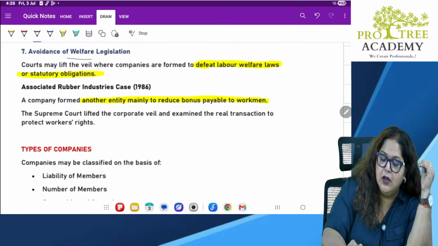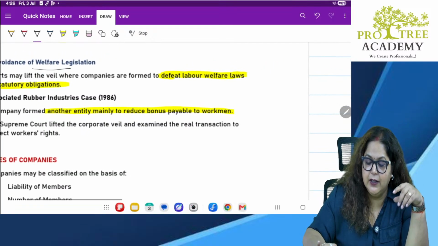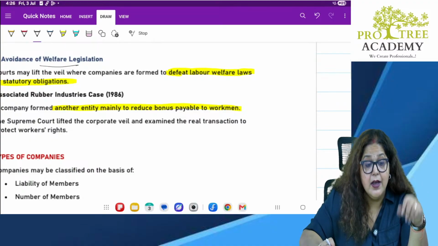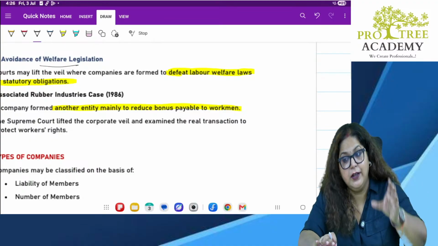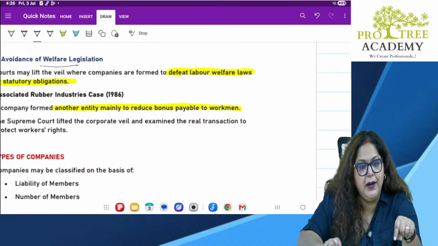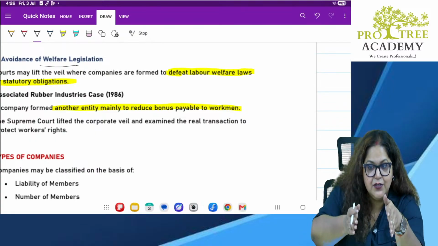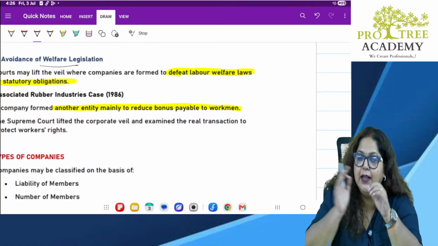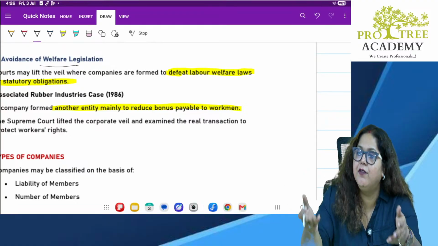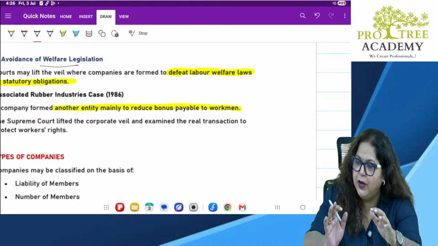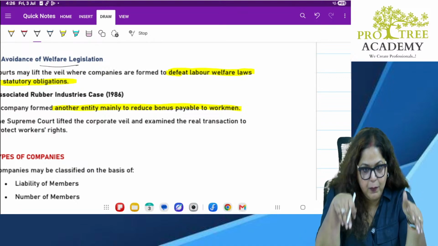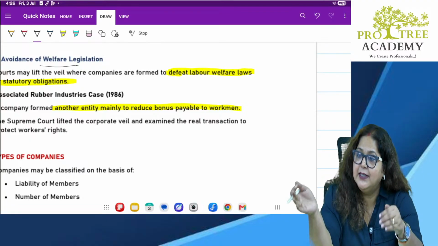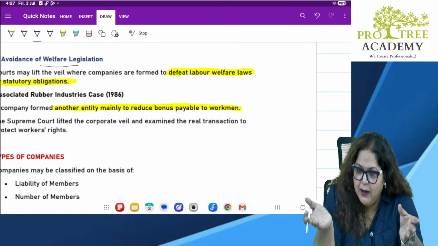Welfare legislation. So in this case, this company was supposed to pay bonus to the workers. Now what happened? This company was showing the profit, but at the time of payment of bonus, what they had done? They had transferred their surpluses or their profits to the other company. And then they are showing we do not have the profit from where we will pay the bonus. Are you getting? This company was showing the profit till the time they usually pay bonus, which is at a decided time, usually at the time of Deepavali and all.